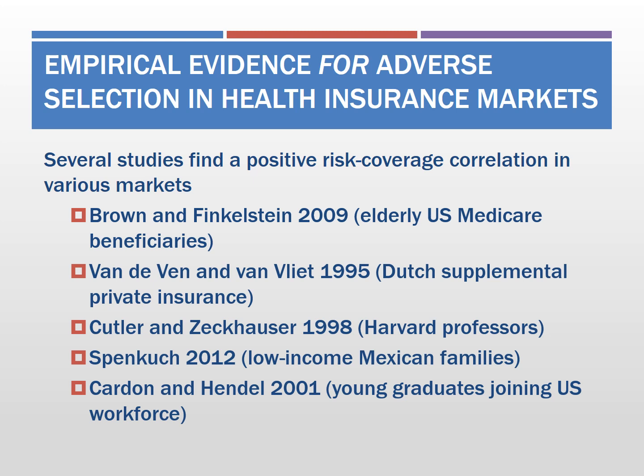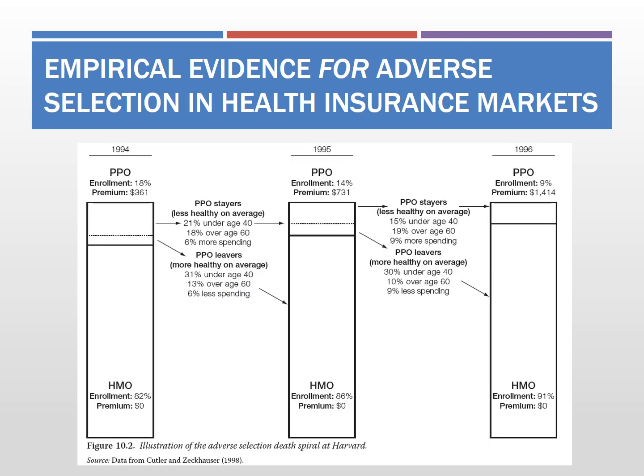One specific market that we would like to talk about, which the book illustrates, is the Harvard case studied by Cutler and Zeckhauser. In the Harvard University study, about 10,000 people were in the study between 1994 and 1997. The basic background of this study is that Harvard University employed about 10,000 people full-time in 1994.